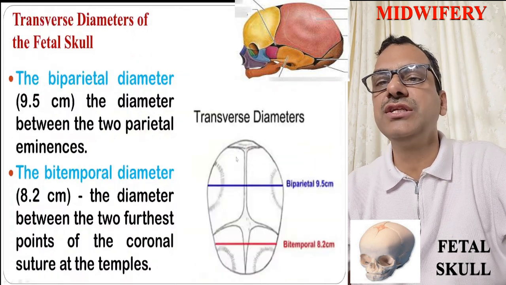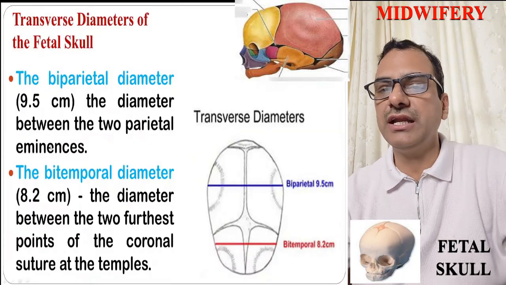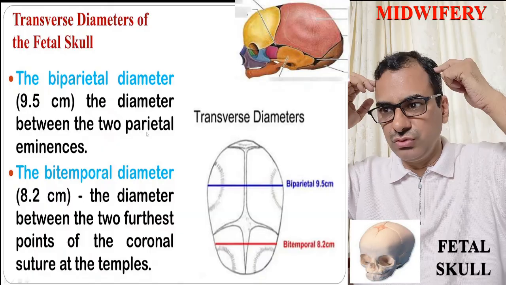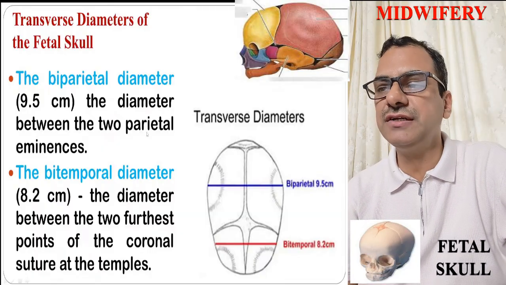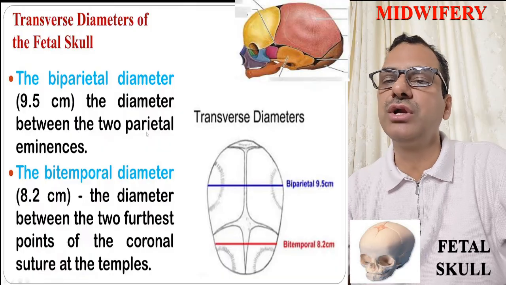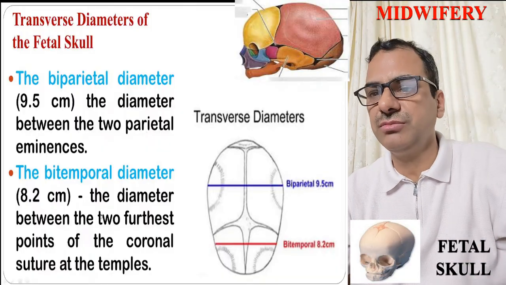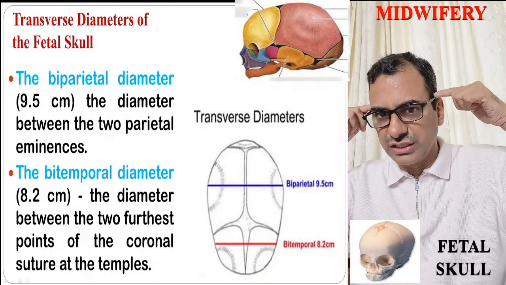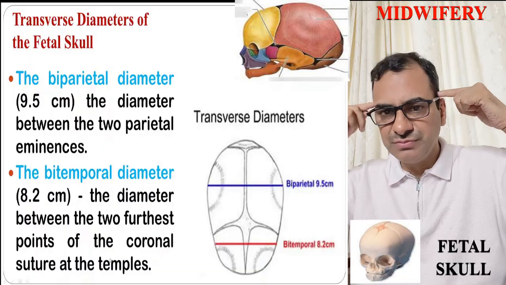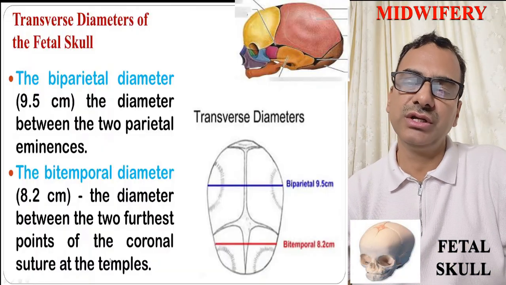One is the biparietal diameter, the diameter between the 2 parietal eminences. And the bitemporal diameter is between the temples, the diameter between the 2 farthest points of the coronal suture. The place at the coronal suture here will be the bitemporal diameter.